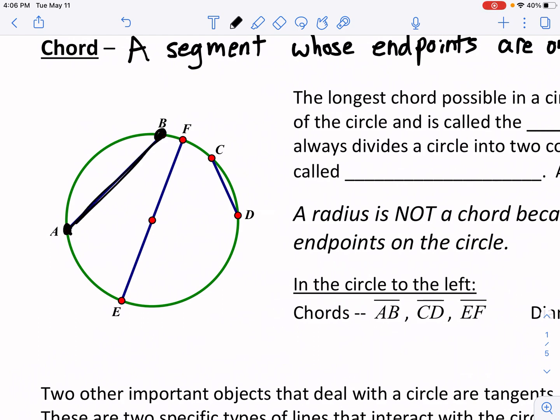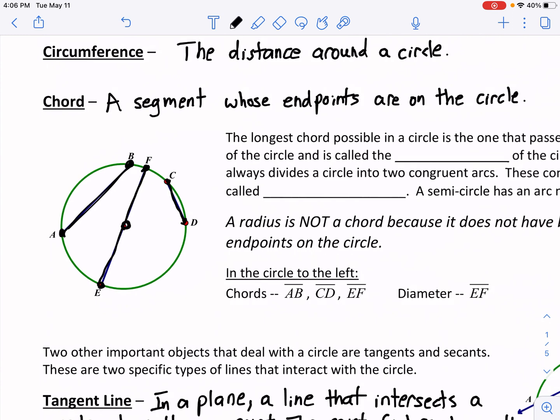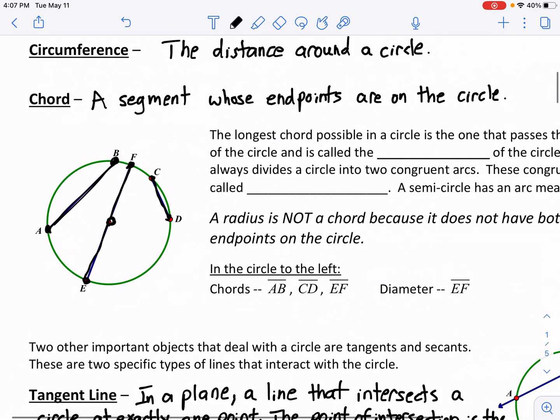Technically, even though EF we've talked about before as being the diameter because it goes through the center, this would also be a chord. It just so happens that this chord also happens to be the diameter. And CD would be a chord because we have two points that lie on the circle. So a segment whose endpoints lie on the circle, that's a chord.